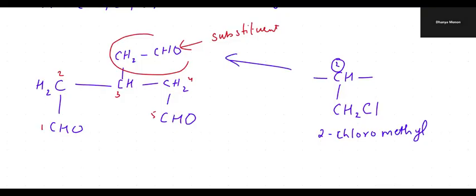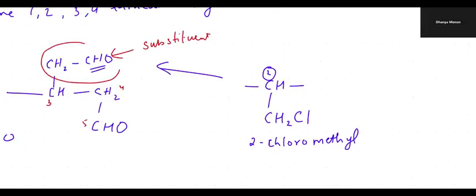CH2, CHO. Instead of chlorine, what is here? CHO. And this CHO is nothing but the formyl group. So it's the same scenario. I'll draw it over here. So it's the same scenario at the third position, CH2, CHO. So instead of chlorine, you have CHO, and the CHO is nothing but formyl because it's a substituent now.